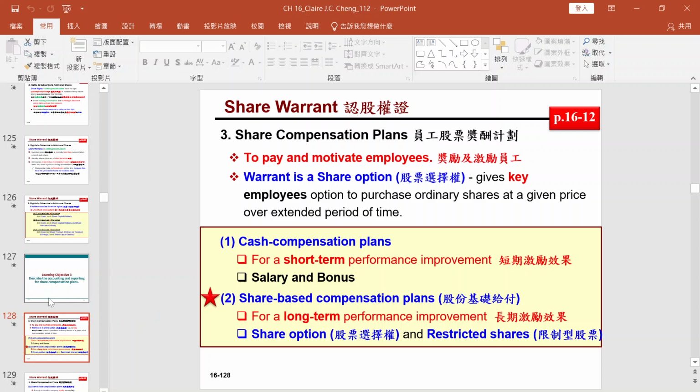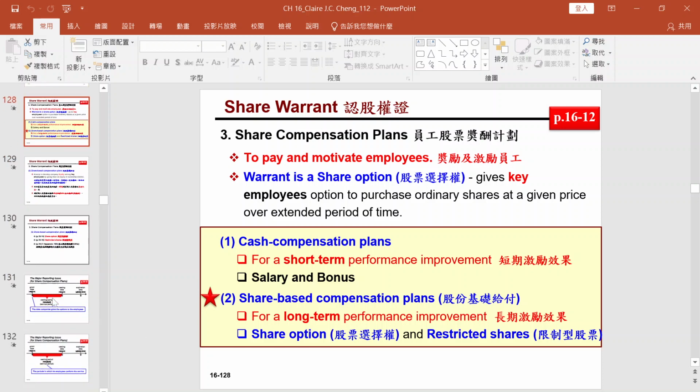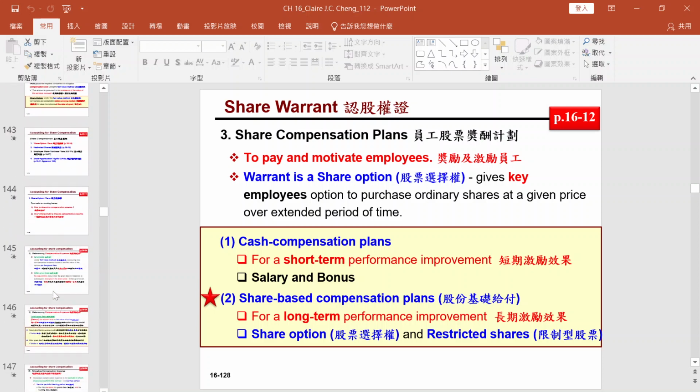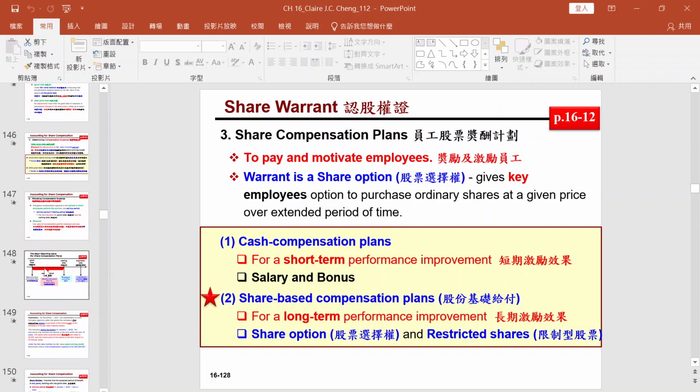But the benefit, the bonus, the compensation is share based, means what? Share related, so it's about the shares. Okay, so that's the third reason: we give our employees share warrants as compensation.